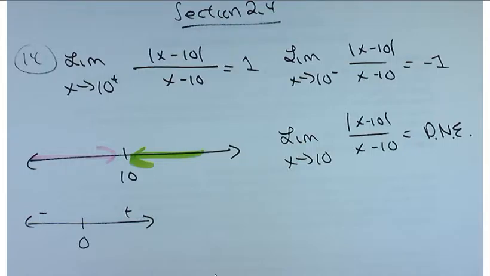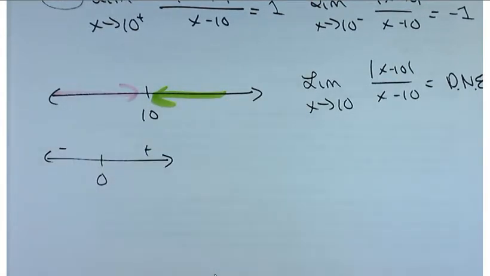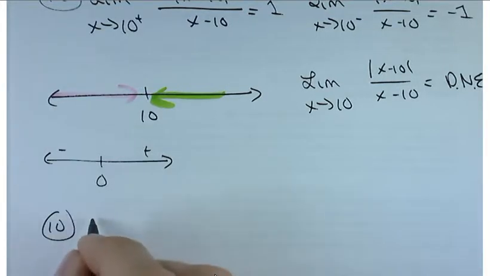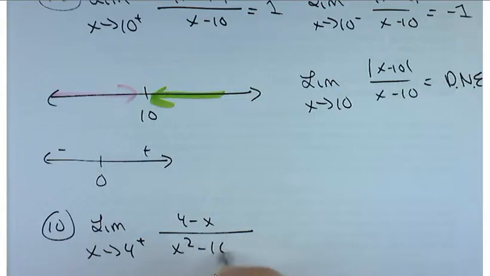Let's back up a step. Take a look at problem number 10. The limit as x approaches 4 from the right of 4 minus x over x squared minus 16.